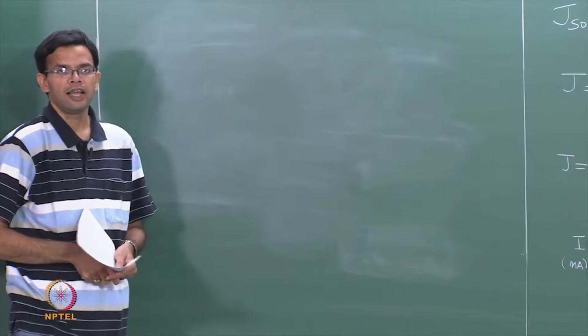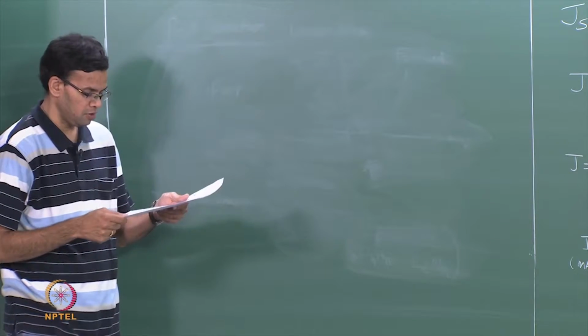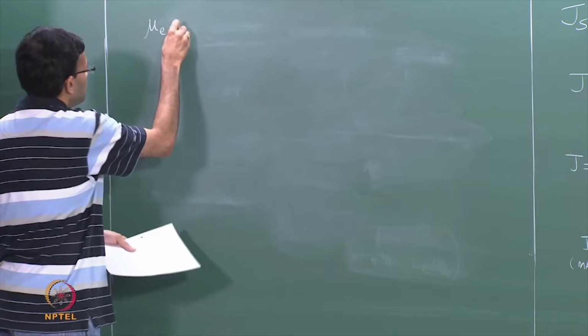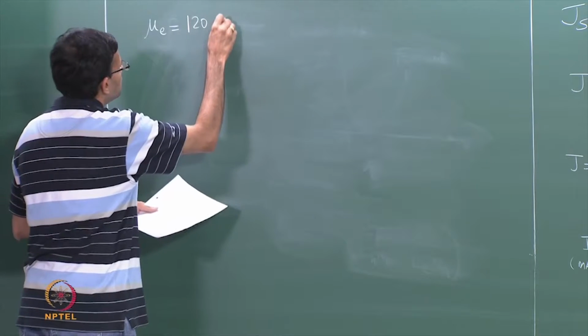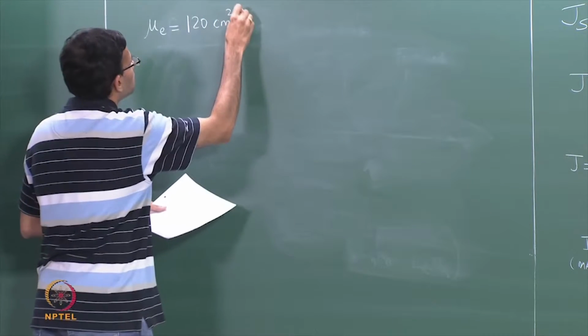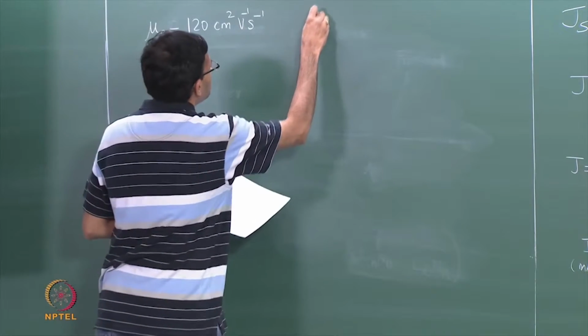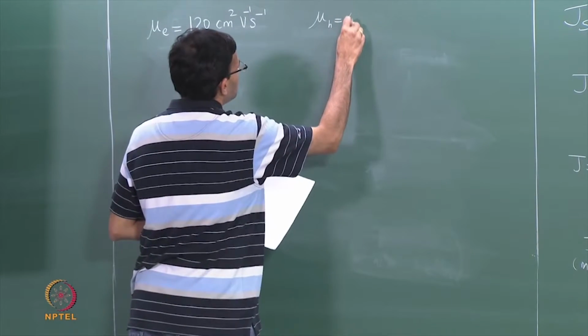So, in order to calculate the diffusion length, we need to know the diffusion coefficient. So, let me first write down the mobility. So, mu e, that is the mobility of the electron, and mu h, which is the mobility of the hole.